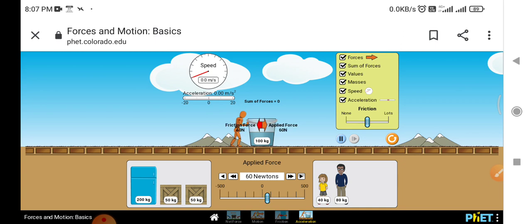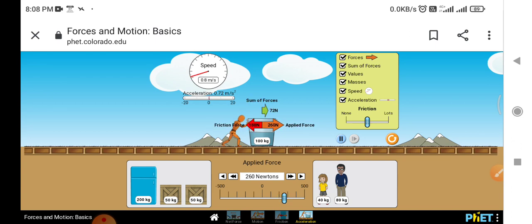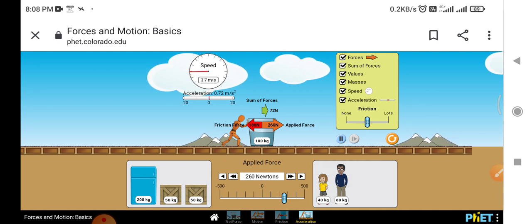Here the applied force and frictional force are equal in value, so there is no movement in this object. When the applied force value is greater than the frictional force, the object starts to move. Nearly, I think, 300 Newton is needed to move this object, because more mass means more force is needed to move.